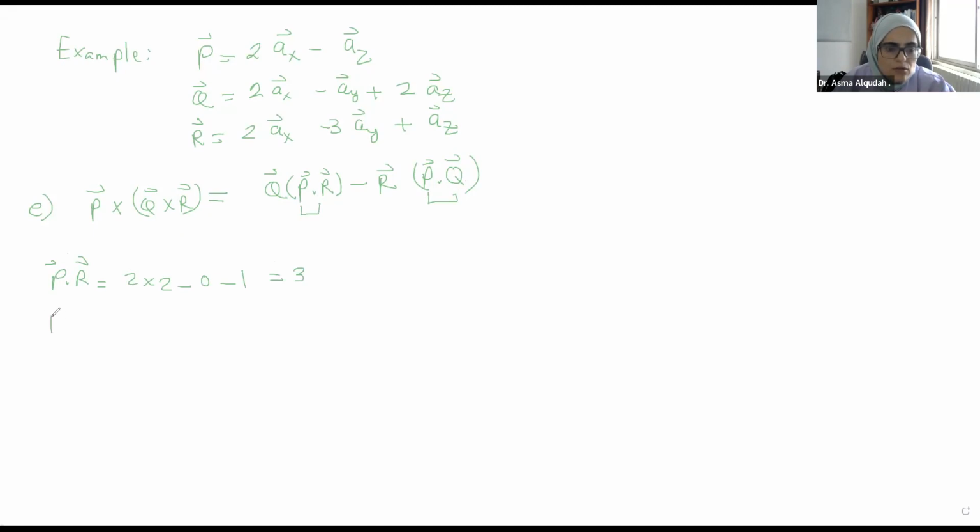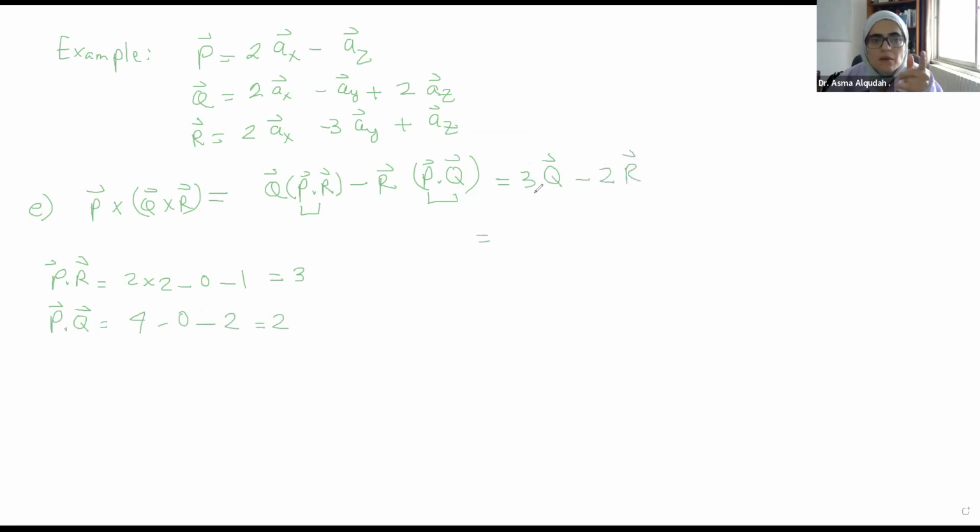And P dot Q is equal to what? 4 minus 0 minus 2, which is equal to 2. Okay, so this equation is simplified to be 3 times vector Q minus 2 times vector R.